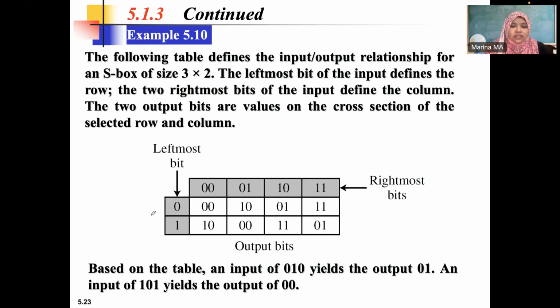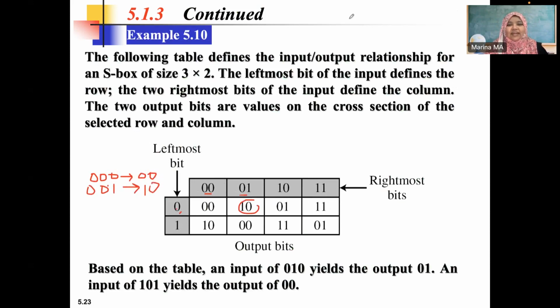So to read this, 0, 0, 0. So what is the white box? The input is 0, 0. Okay. How about this one? 0, 0, 1. So 0, 0, 1 is mapped to 1, 0.